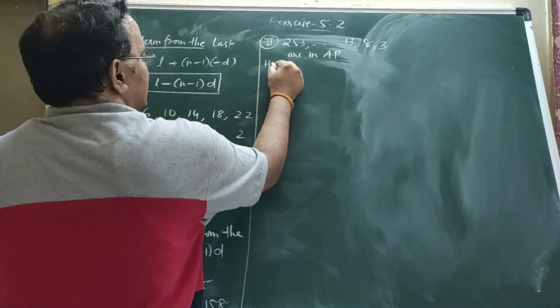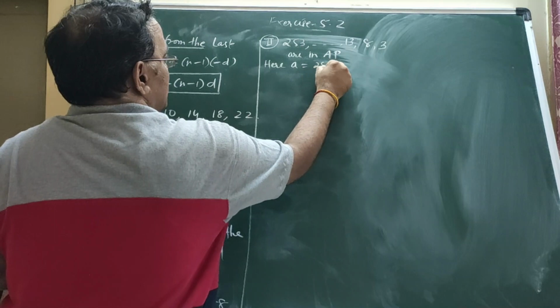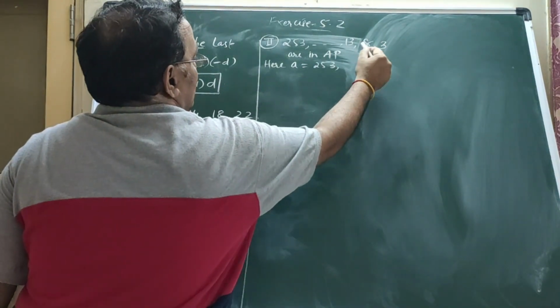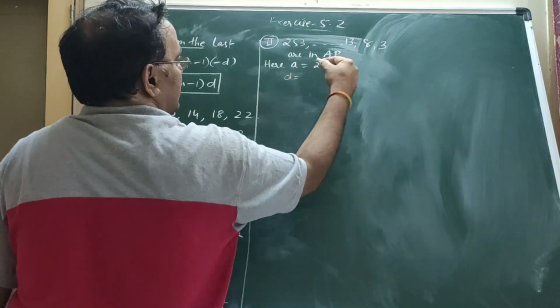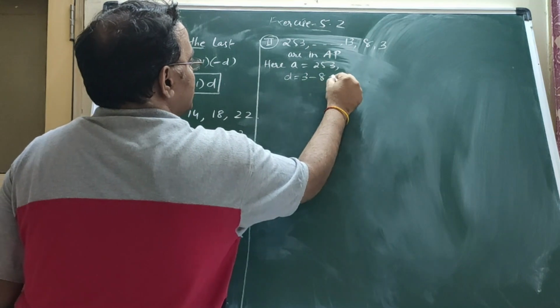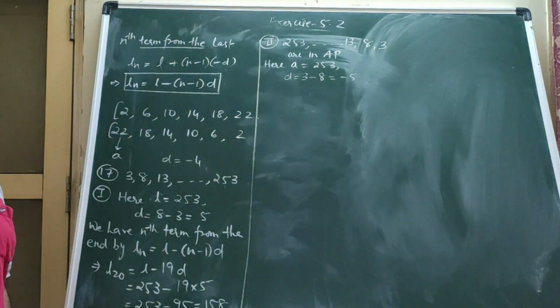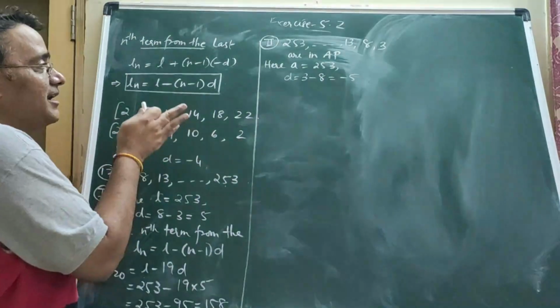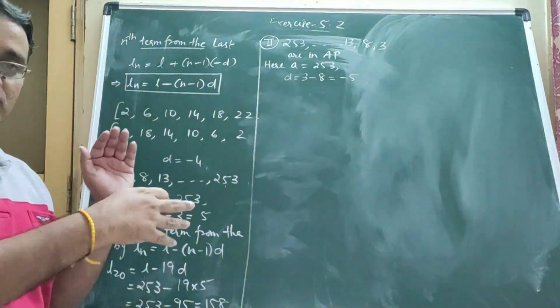So here the first term is 253. अभी कॉमन डिफरेंस के लिए यहां पर ये दोनों का डिफरेंस ले सकते हैं. Next term minus previous term. So 3 minus 8, that is -5.